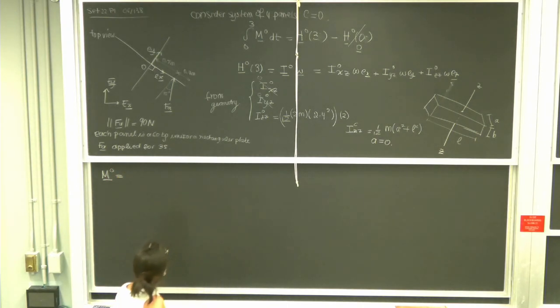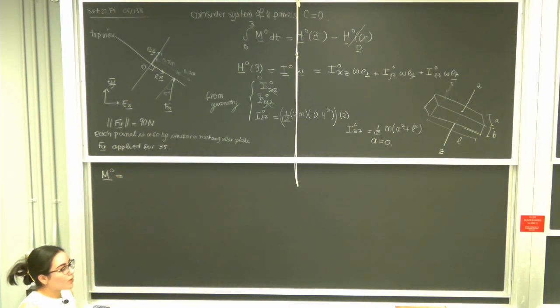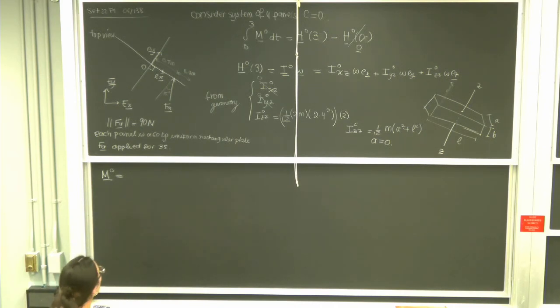The moment of this force Fa, all the other forces, they basically pass by O, no, they don't have a moment about O. How do I calculate the moment of the force Fa? Product of what plus what? R and Fa.